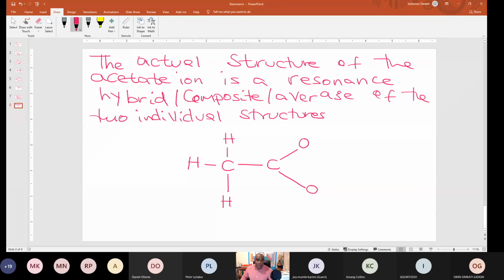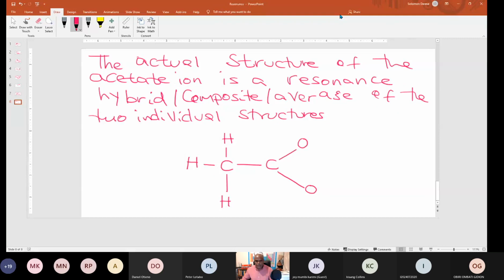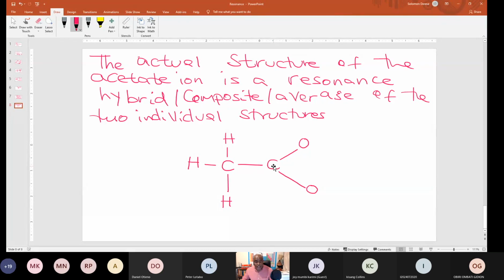But what we observed in one case is a carbon-oxygen double bond here.